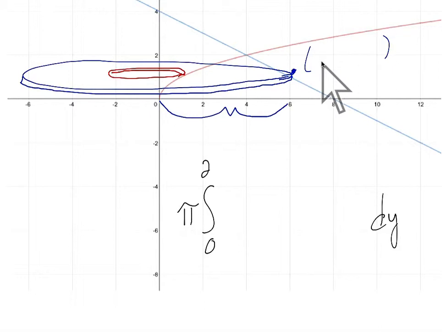So if the original function is written as minus 1 half x plus 4, we then take this and solve it for x so that we can figure out what the x coordinate is in terms of y.